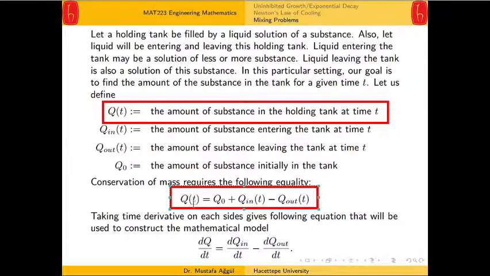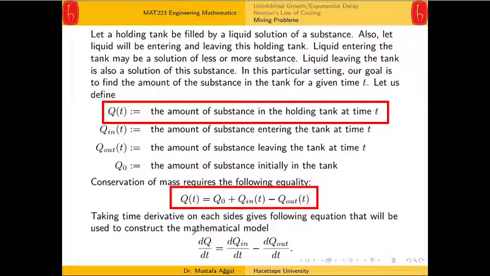If we take the time derivative of this equation, the derivative of the initial amount will be basically 0 because it's not time dependent. It's like 200 grams, for example, or 1,000 kilograms, for example.